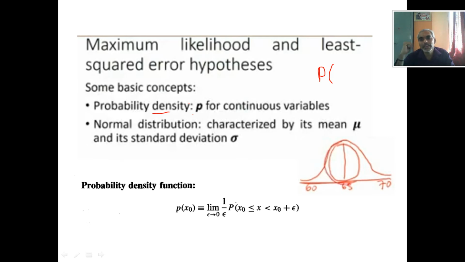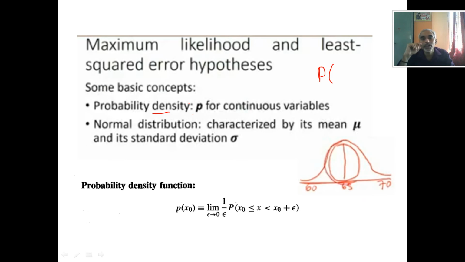It comes from the theory of probability, so later you can do a small research on the probability mass function, PMF, and the probability density function.